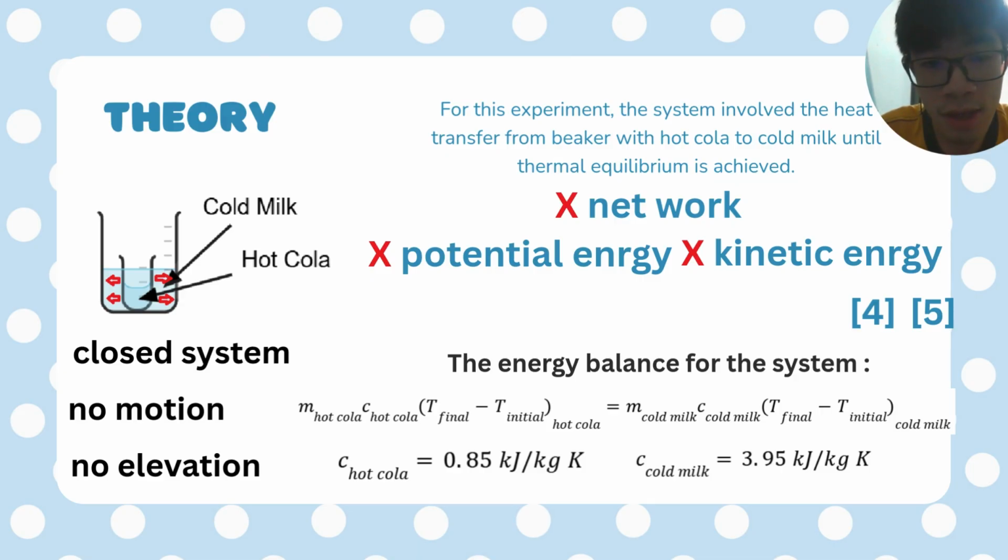So our energy balance for this system is MC of hot cola times the temperature change of hot cola equals MC of cold milk times the change of temperature of the cold milk. We find that C, the specific heat, of the cola is 0.85, and for the cold milk is 3.95.